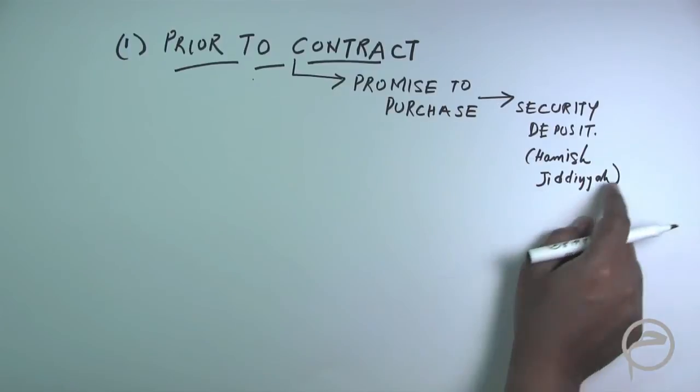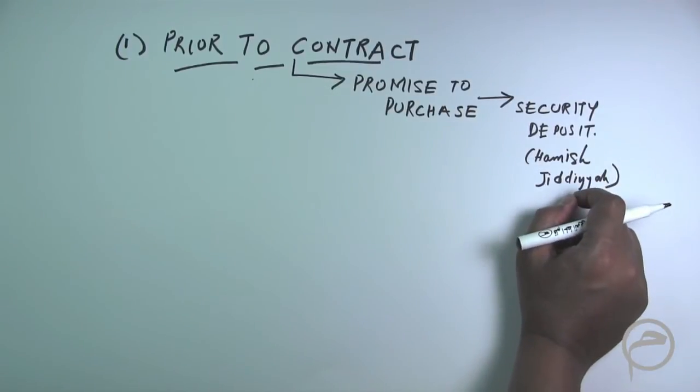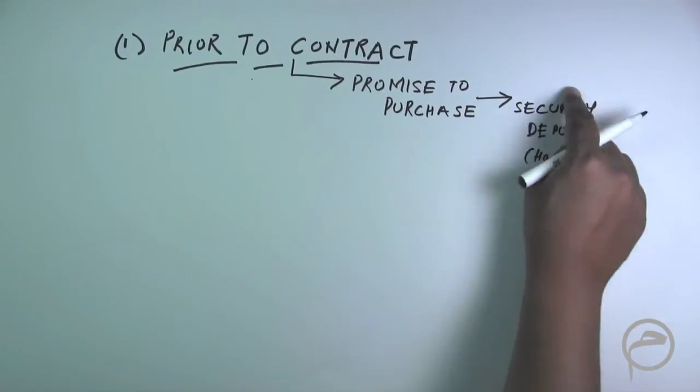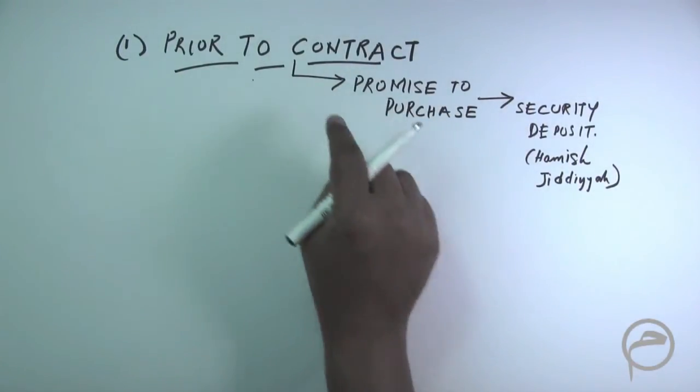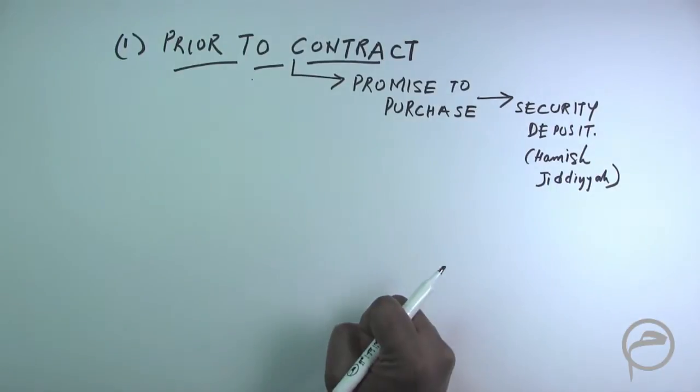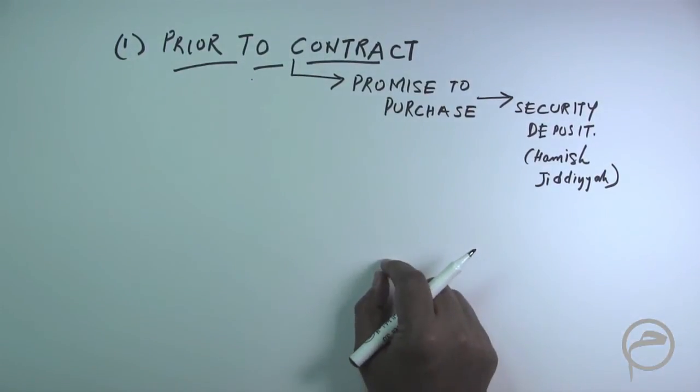This is an Arabic terminology, but for us to understand, this is nothing but a security deposit given by the customer to the bank, promising the bank that once the bank purchases the asset, the customer would purchase those assets from the bank.